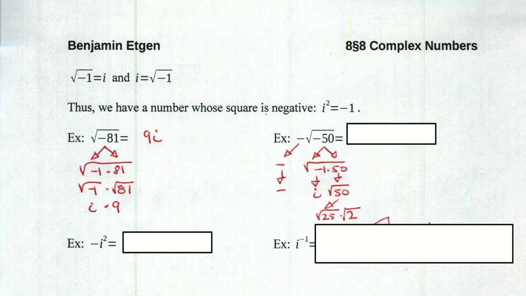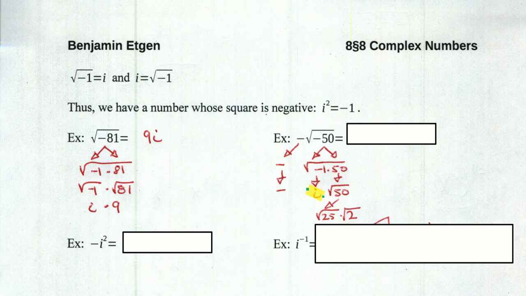So let's follow this through. So here's the negative out front, just following us along, just all ready to be part of the answer. And then we're going to do the same thing to -50 inside the radical that we did to the -81. We're going to break the negative off. We're going to use the fact that multiplication inside comes outside, and that will give us an i out front.